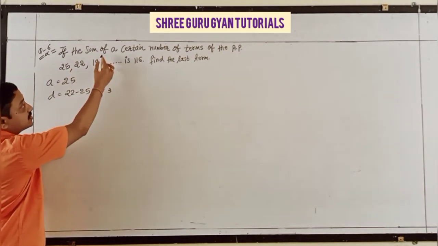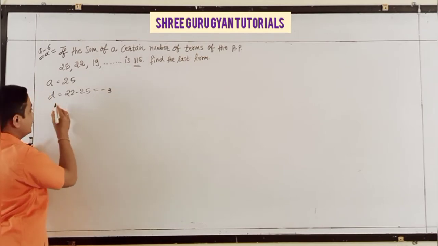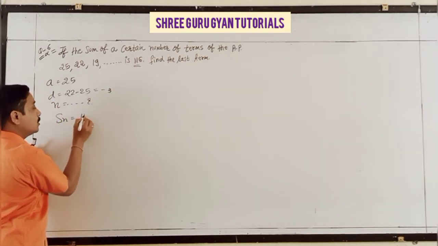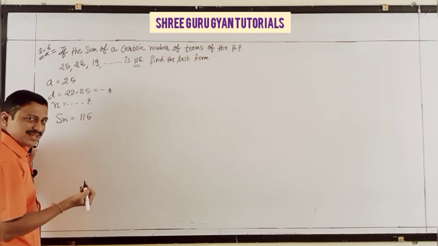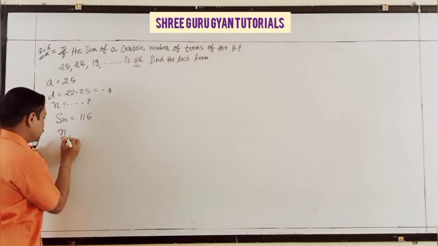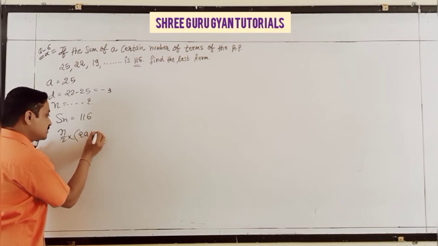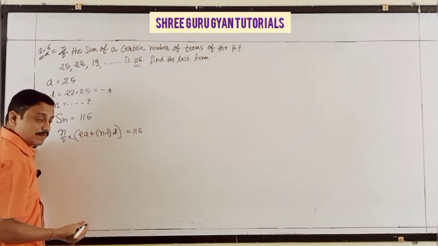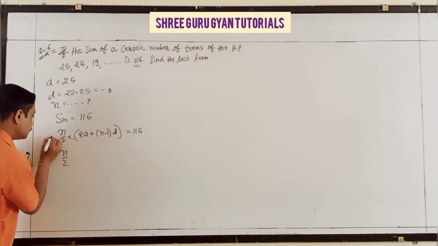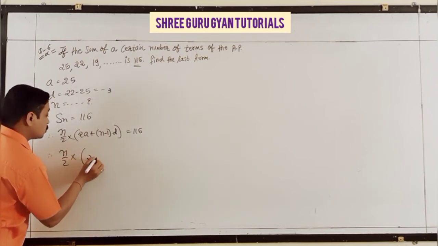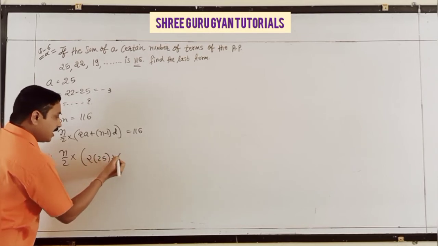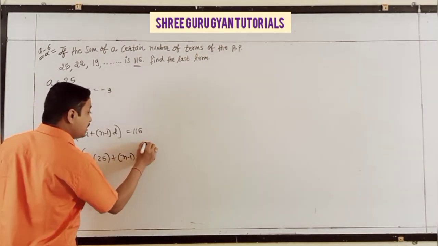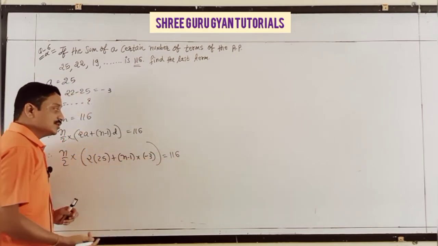And here it is given that the sum of a certain number of terms, yes, n is unknown, but Sn is given, 116. Apply the Sn formula: n by 2, 2a plus (n minus 1)d, equals 116. So n by 2, a becomes 25, n is unknown, d becomes minus 3, and 116 is the same.